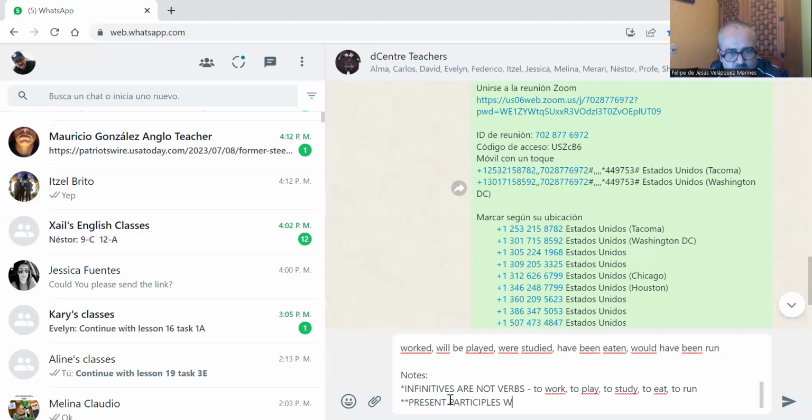Number two, present participles without auxiliaries are not verbs. For example, in "working hard is nice," working is not a verb. Working is the subject.